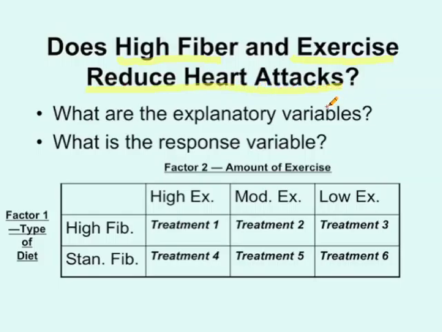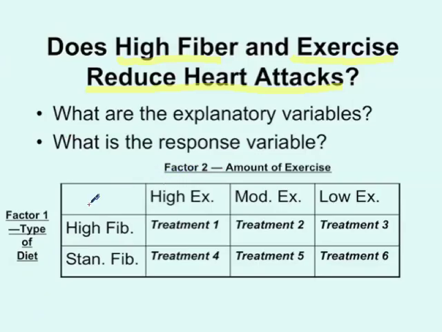So the explanatory variables are high fiber and exercise, and the response that we're looking for is the amount of heart attacks. Now notice that we have two factors going on here, or two explanatory variables. So make sure you keep that straight, that factors are the same as explanatory variables.